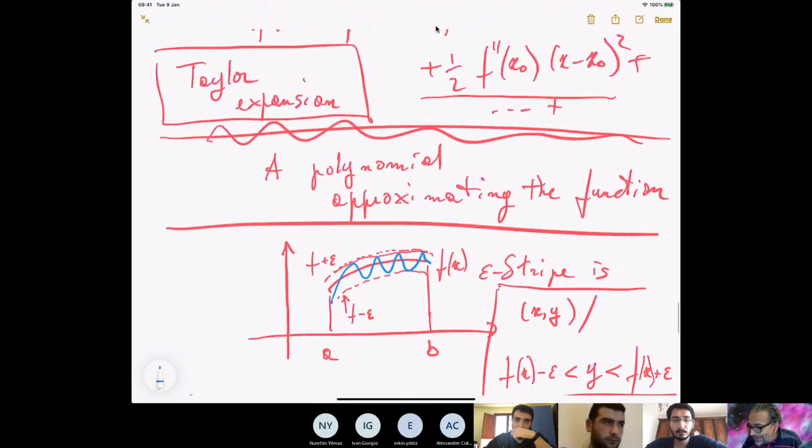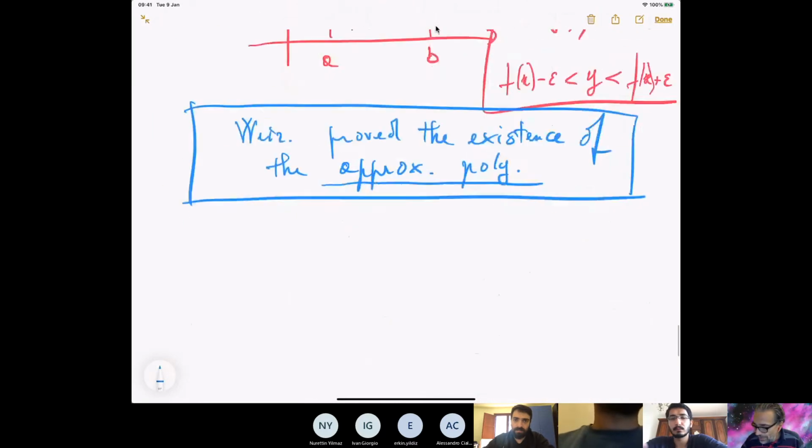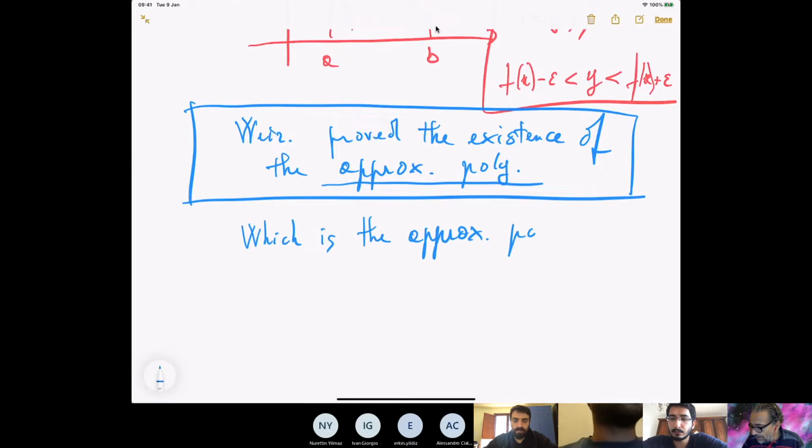Now, Taylor is answering you when you ask about the approximating polynomial. Your question is, which is the approximating polynomial for a given function?